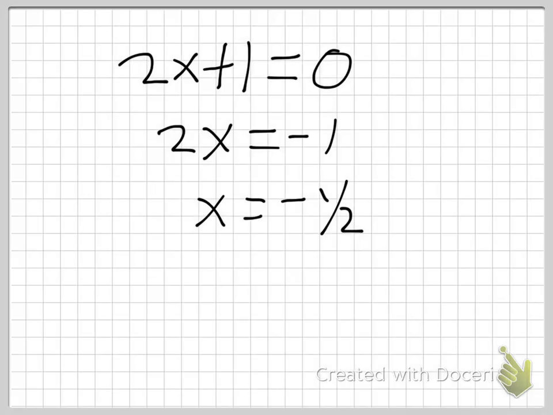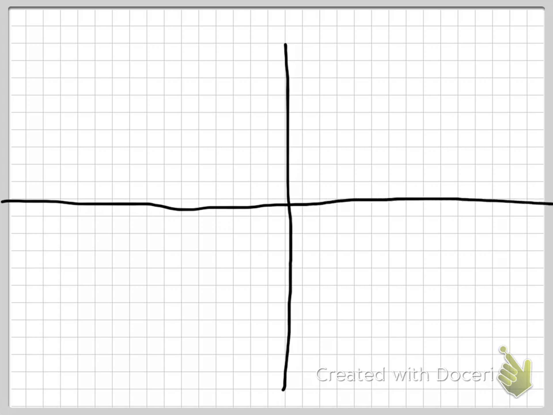Alright, so now I've got some graph paper here. A little sloppy. Let's say right here is minus 1, and then minus 2, minus 3. So right there is minus 1/2.